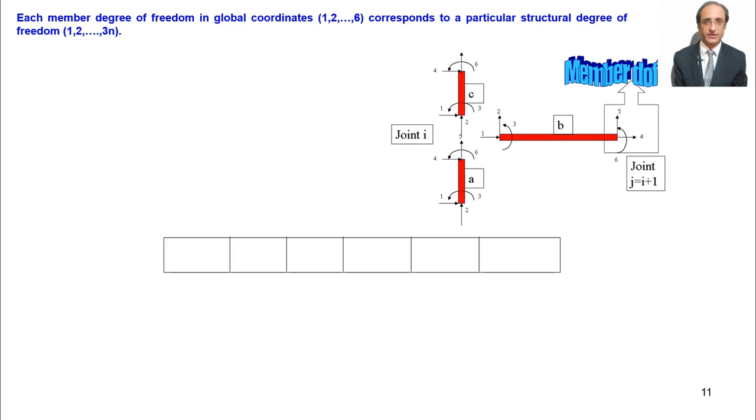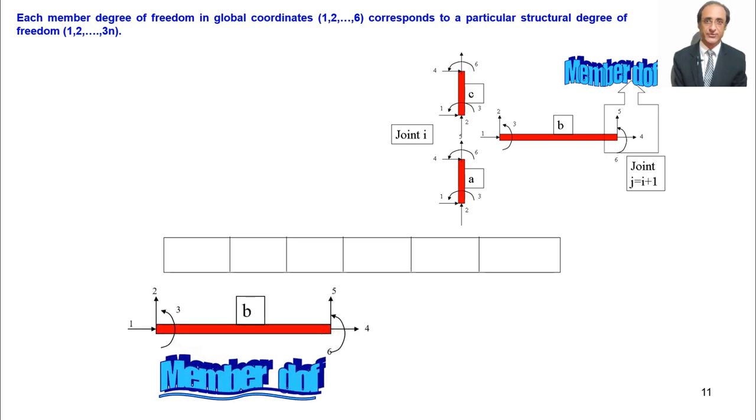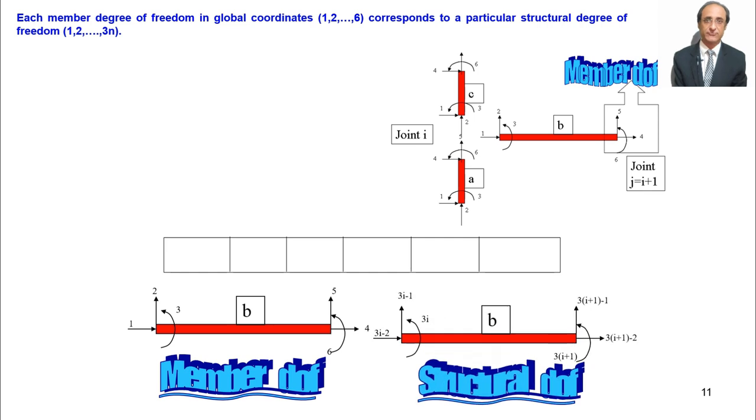Like here we see that in general this is the joint, and let's say we see this member B. It has two sets of degrees of freedom. One is the member degree of freedom and the other is the structure degree of freedom. The member degree of freedom is from 1 to 6. Now what will be the structure degree of freedom?